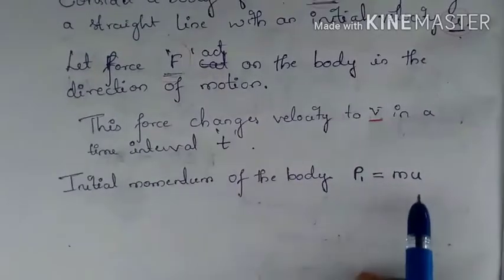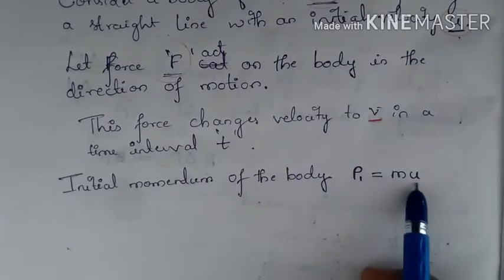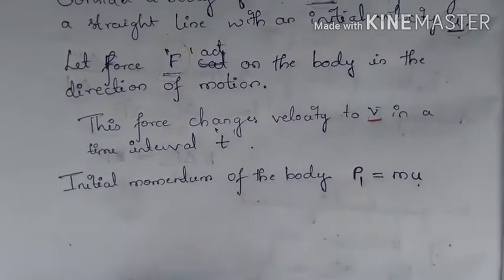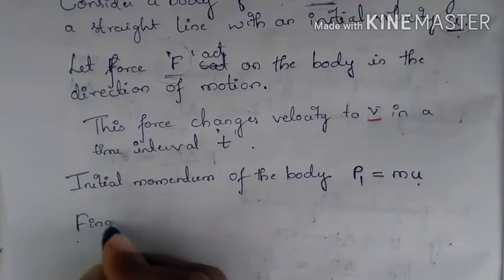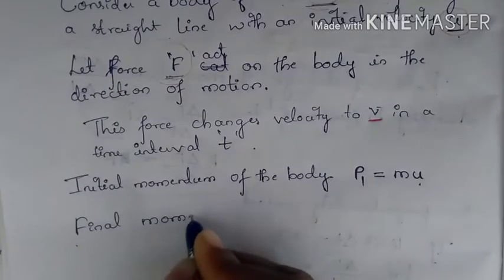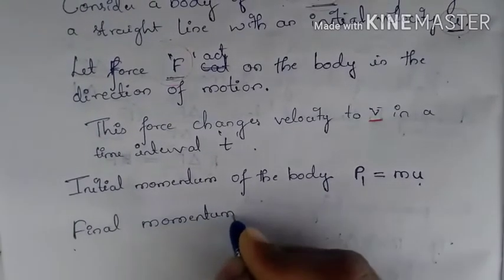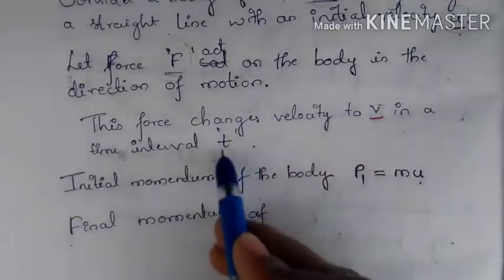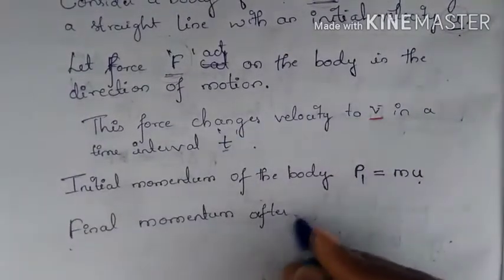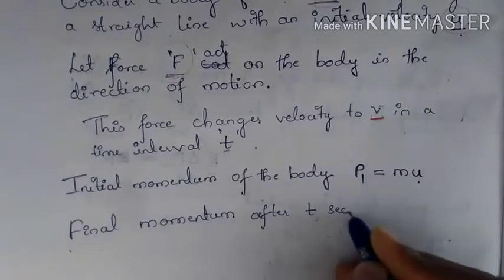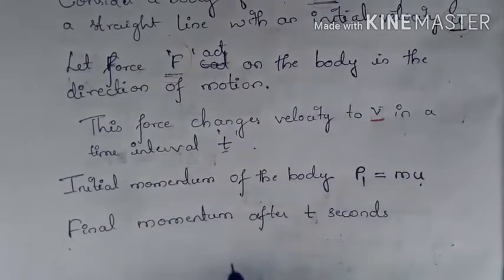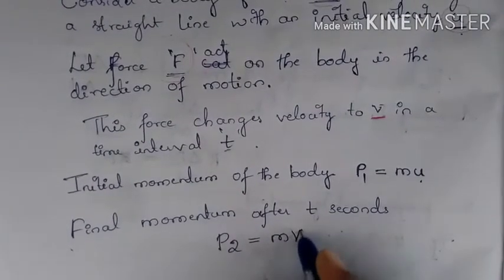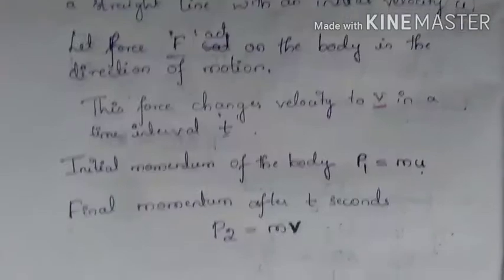Here u is the initial velocity and P1 is the initial momentum. Next, the final momentum after t seconds will be P2 equals mv. So v here denotes the final velocity of the body.